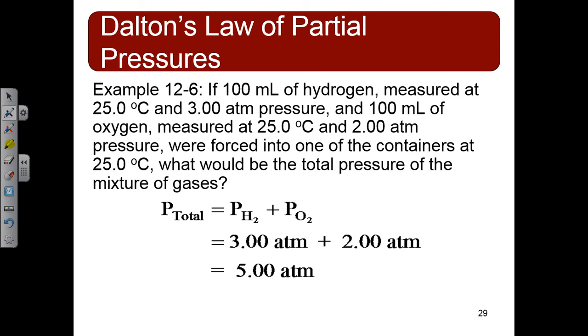This is not water, but we'll pretend that it's water. So how could you find this? Subtract. That's what you did. You took P total minus the pressure of the water. This is on the next slide. And then you found the pressure of hydrogen.